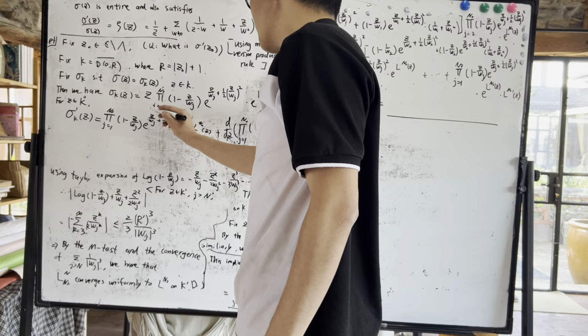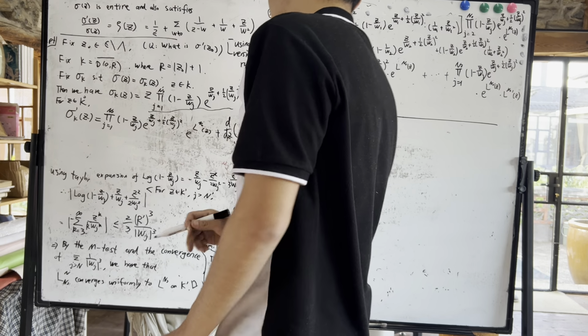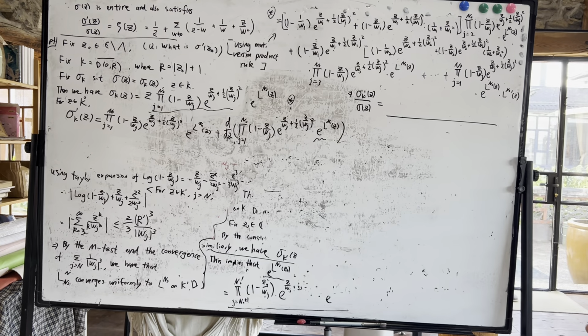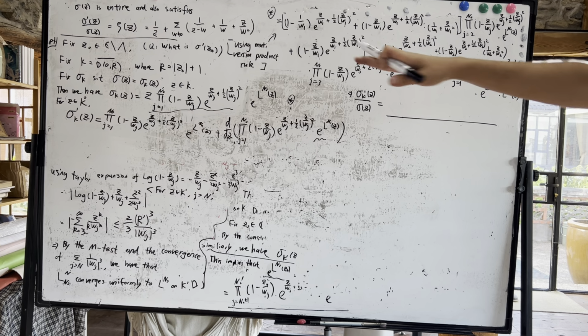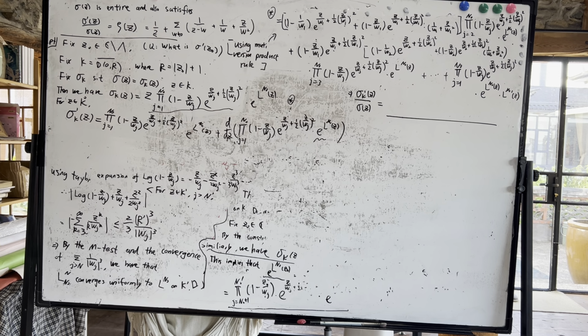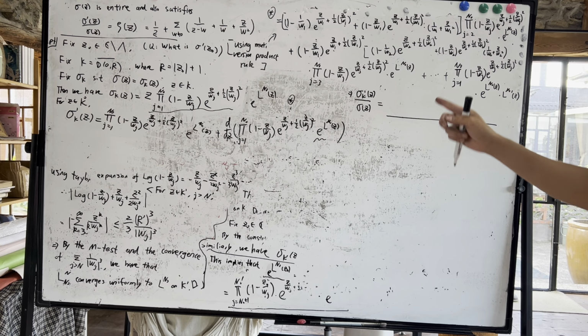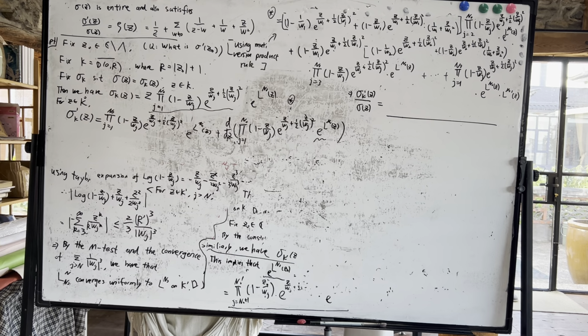Sigma k z is like z times all the products here. There are many terms for sigma prime z, so maybe we can express sigma prime z as a finite sum of these terms, and then take the division term by term. I think I'm probably running out of time today, so I'll do the computation next time.